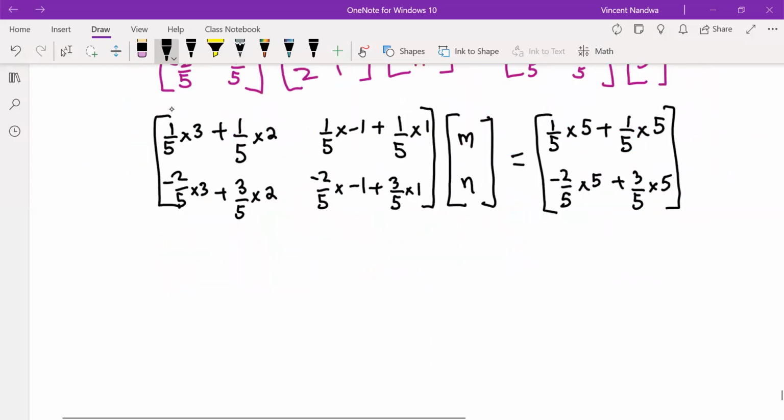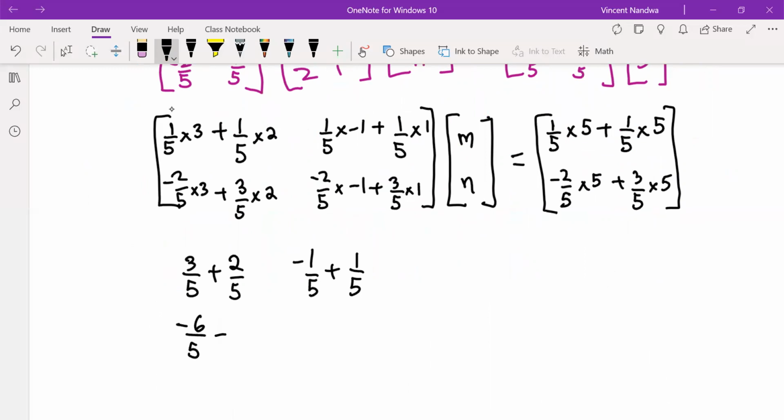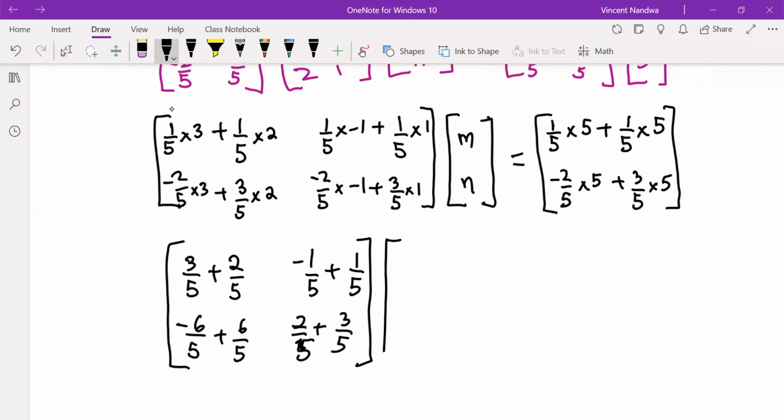Now, this will give us 3 over 5 plus 2 over 5, minus 1 over 5 plus 1 over 5, minus 6 over 5 plus 6 over 5, 2 over 5 plus 3 over 5. I'm simplifying this first matrix. This is m, n.